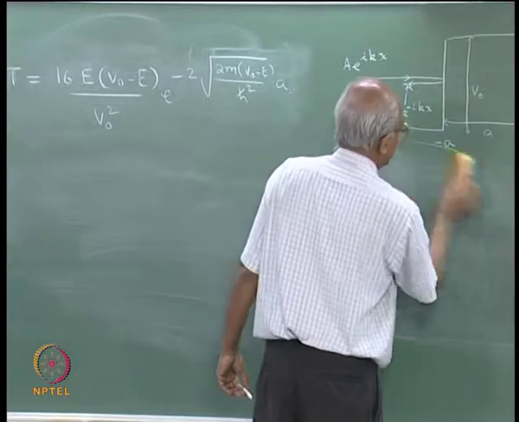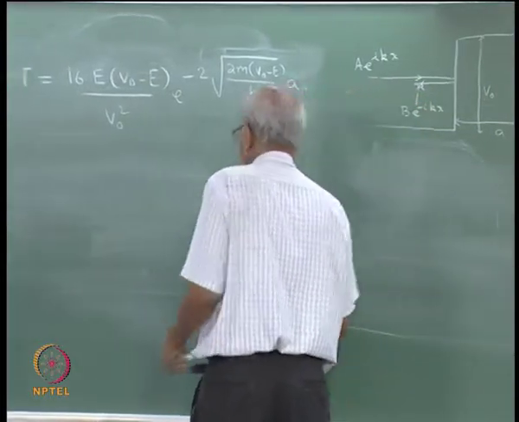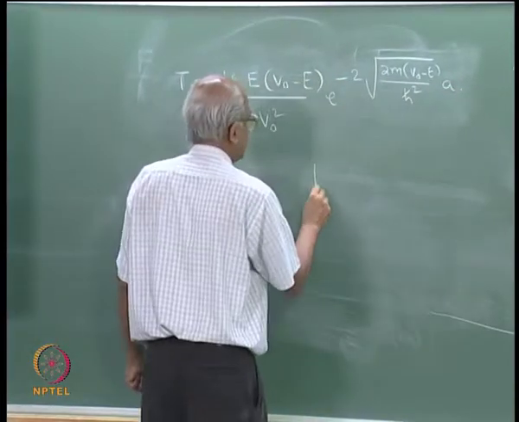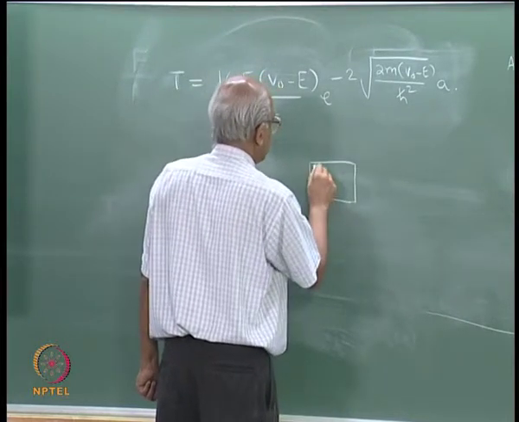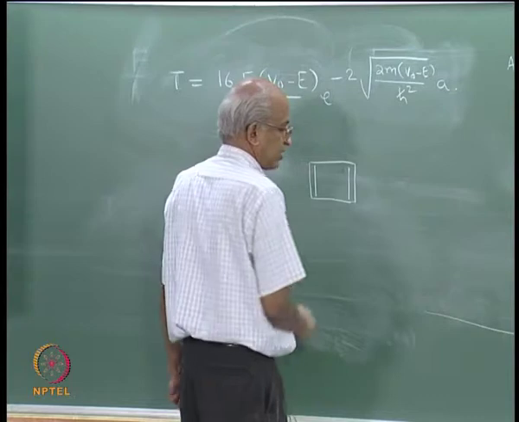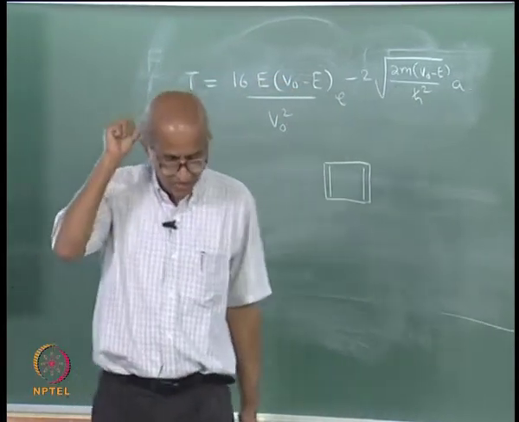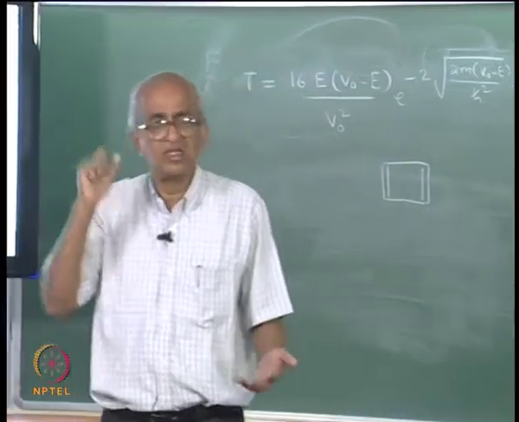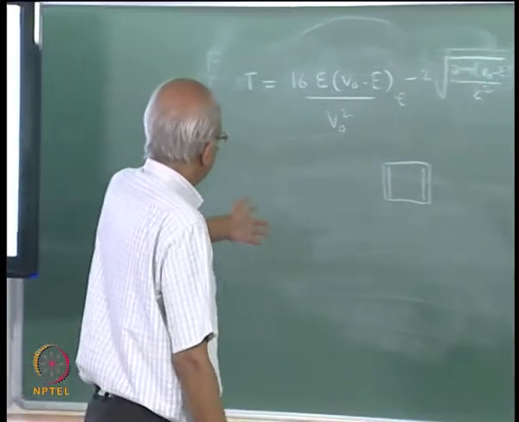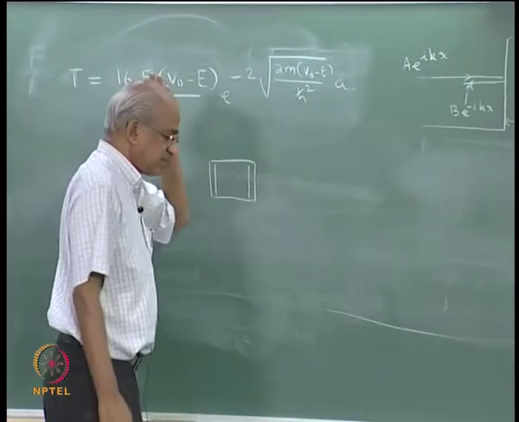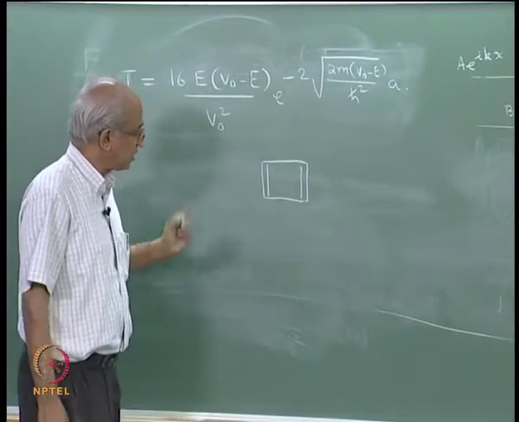Then if you remember your organic chemistry, there is this molecule cyclobutadiene. This is an unstable molecule because it does not satisfy Huckel's 4n+2 rule. It has only 4 electrons in this conjugated system, and as a result it is unstable.